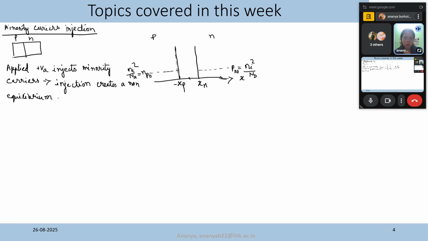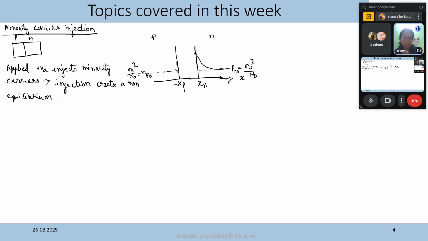Now some holes are moved towards this side, say this is the concentration of holes, and we are considering a long diode. For short diode it will be different, but we are considering a long diode, and from our earlier discussion of non-equilibrium carrier injection, we know that the carriers will decay exponentially, and ultimately it will go to the equilibrium condition.